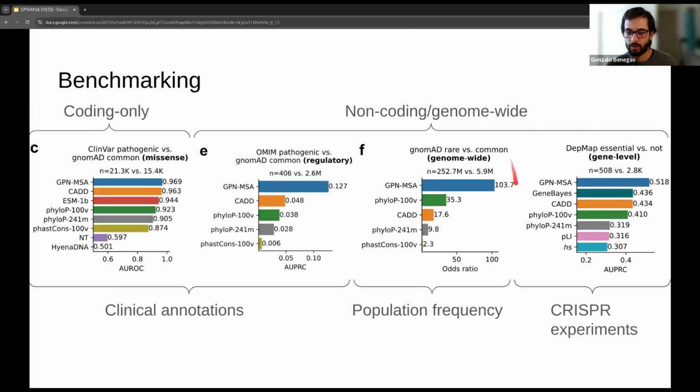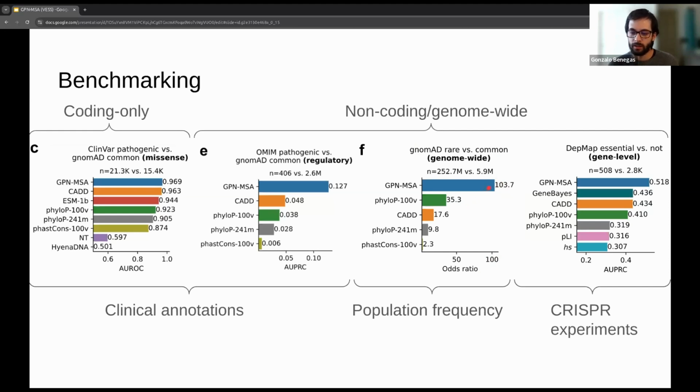Therefore, we use an odds ratio, a measure of enrichment, in the most extreme scores, say the lowest 1% or more like 0.01% of scores. We find that in this bin, it is 100 times more enriched in rare than common variants compared to the general distribution. Again, this is a pretty large gap with other models.